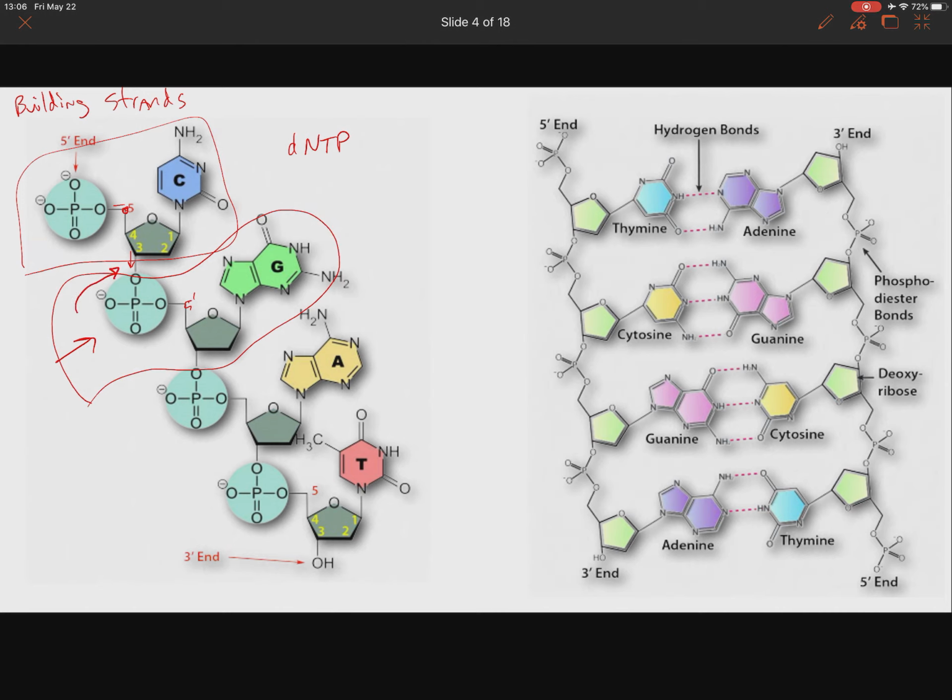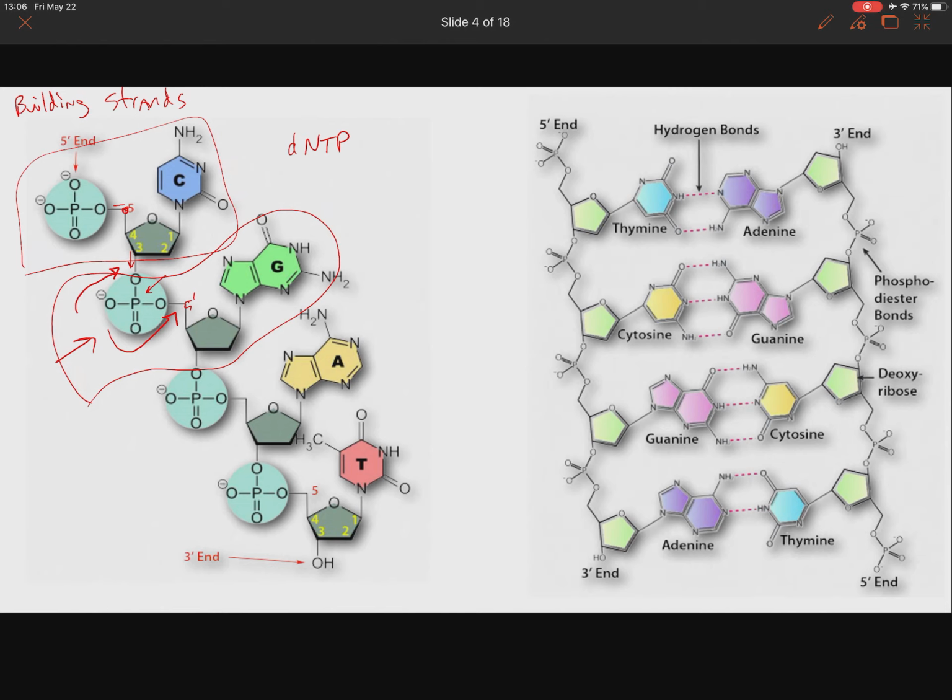So one of the ester bonds is here, one of the ester bonds is here. It's a phosphoester bond because that's not a carbon, and so this is where the name comes from. So this is a phosphodiester bond. This is catalyzed by DNA polymerase that we'll take a look at later on. And again, it's between the 3' OH of one nucleotide and the 5' phosphate on the next nucleotide.